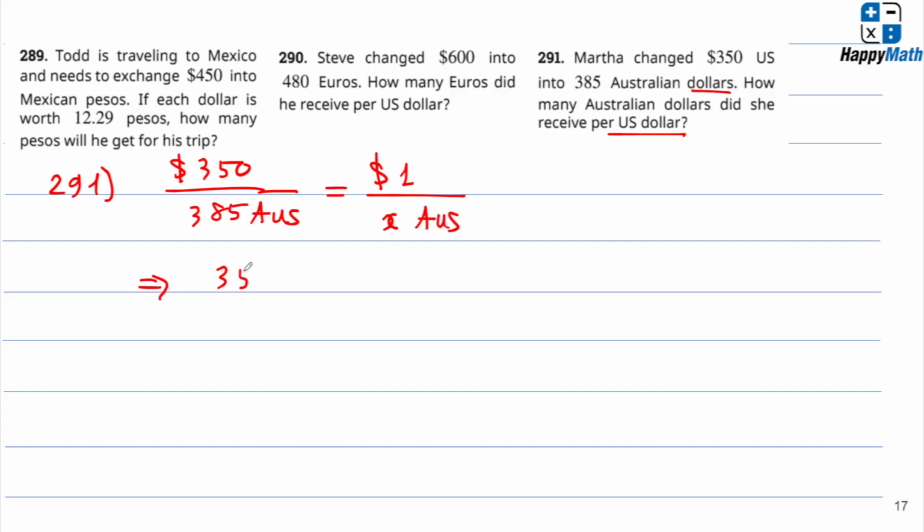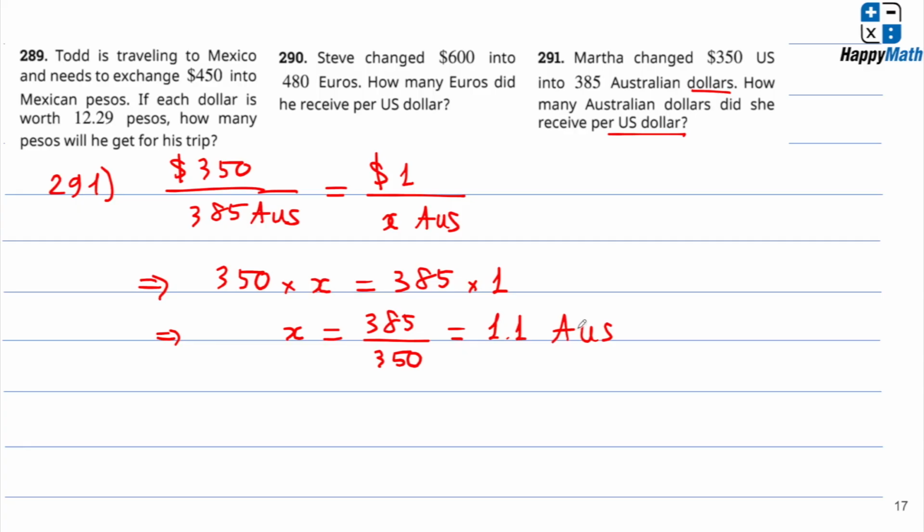Now 350 multiply h, 385 multiply 1. And then you got h equal to 385 over 350. 385 divided by 350, you got 1.1. Then the unit for h will be Australian dollars.